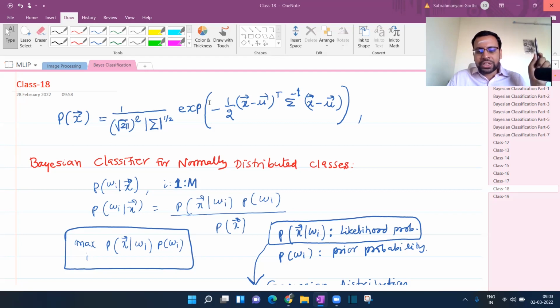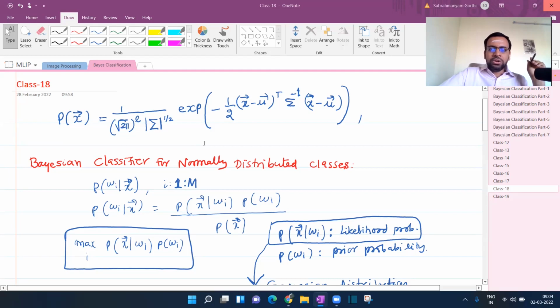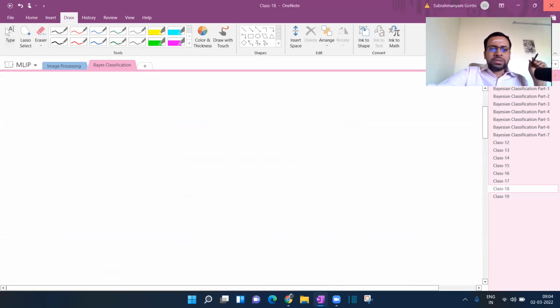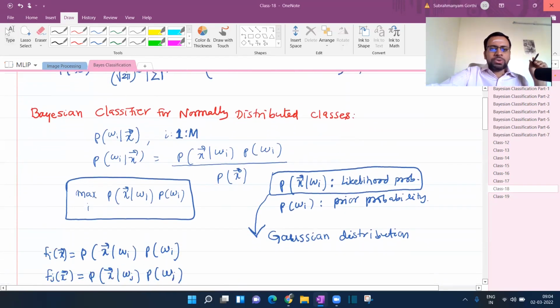We started with the 1D Gaussian distribution, the generalized expression for the 2D Gaussian distribution, how those plots would look in a 2D case, and what the shapes of the iso-curves would be for varying values of variance. These are the things that we have seen. After that, we came to the Bayesian classifier for normally distributed classes.